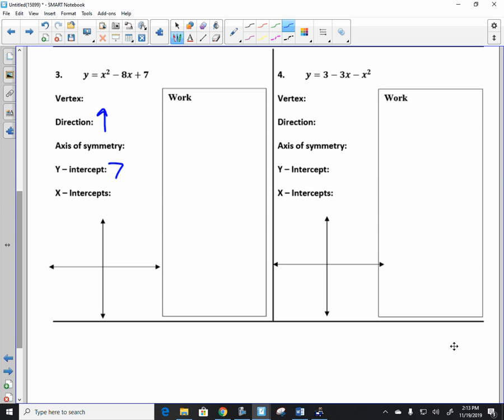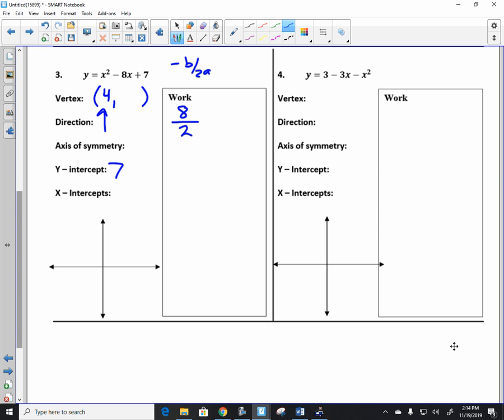Vertex. Oh boy, I need a formula for that. Negative b divided by 2a. What is negative b? 8 divided by twice the a value. What is twice the a value? 2, because a is 1, so twice the a value is 2. So therefore, the x value of the vertex is 4.